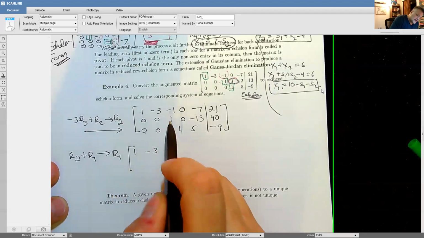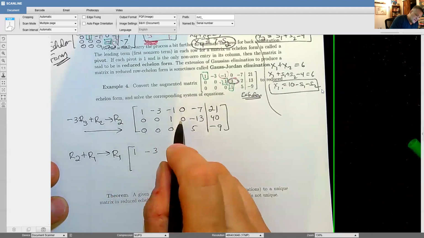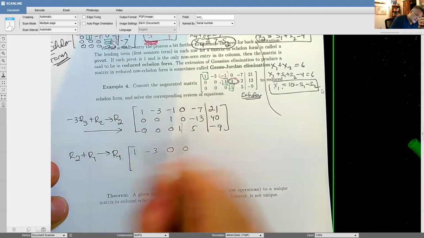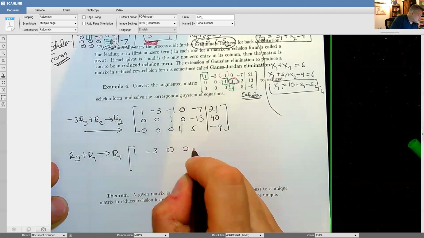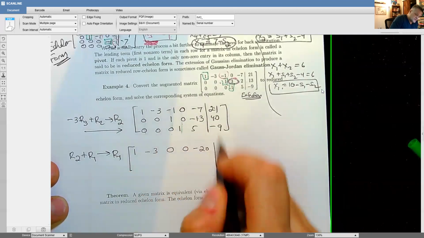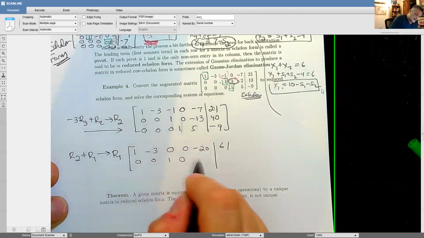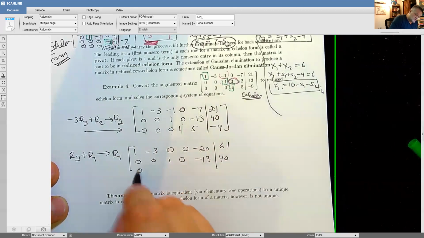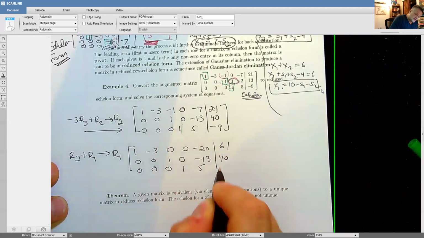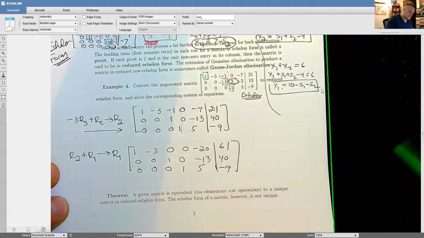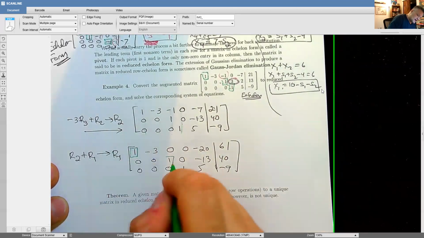If I add those guys, I get a 0. That I get a 0. And if I add those two, I get -20. Add those two, I get 61. All right, and 0, 0, 1, 0, -13, and 40. 0, 0, 0, 1, 5, and -9.